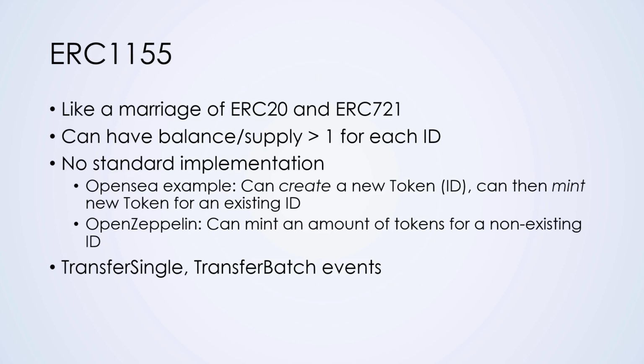For example, there is an OpenSea example implementation where you create a new token ID, and then you can mint that new token. You can mint tokens with an existing ID. And in the OpenZeppelin implementation, you can mint an amount of tokens for a non-existing ID. And so it becomes very vague.